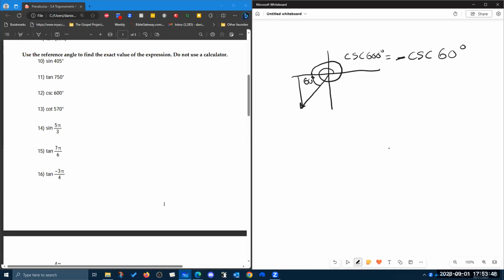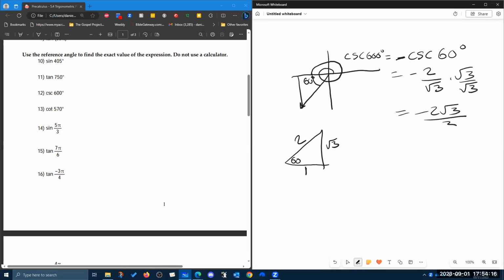And I'm going to look at the 60-degree angle here in quadrant 1. It's going to be root 3 here, 1 here, and 2 here for my reference angle. So cosecant is hypotenuse over opposite. And I'm going to rationalize, like so.